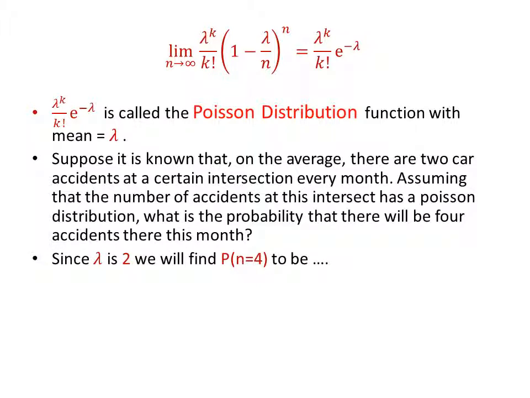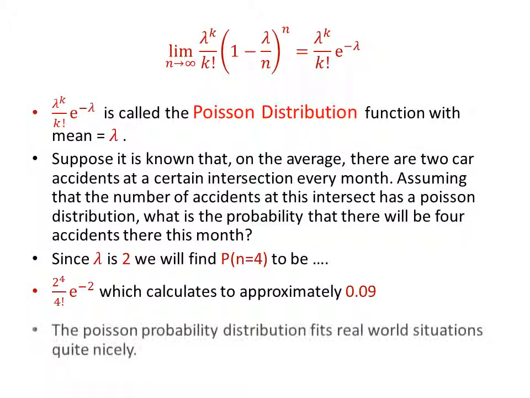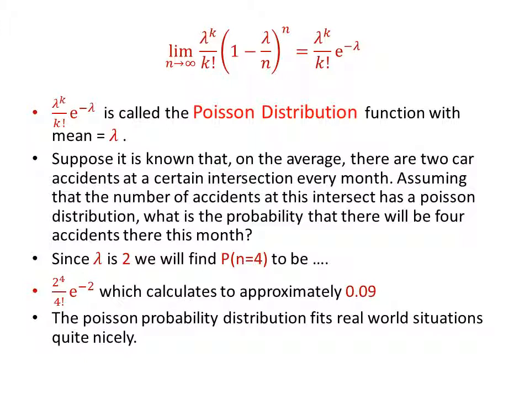In other words, lambda is 2, and we want to find the probability that k equals 4. Plugging that into our Poisson distribution formula, we get 2 to the 4th over 4 factorial times e to the negative 2, which calculates to approximately 9%. And it is a fact that the Poisson probability distribution fits many real-world situations very nicely.